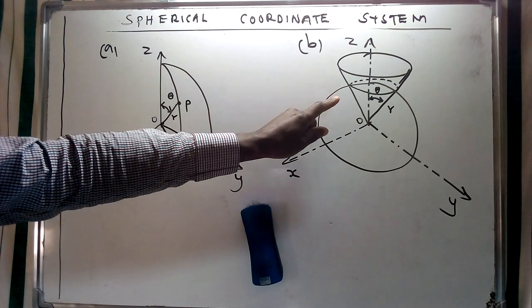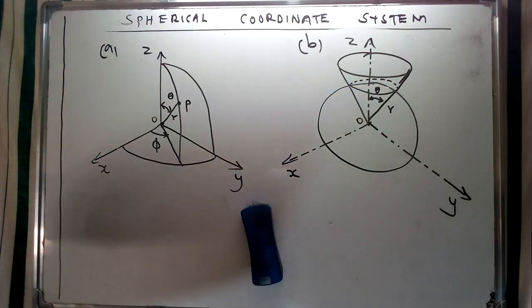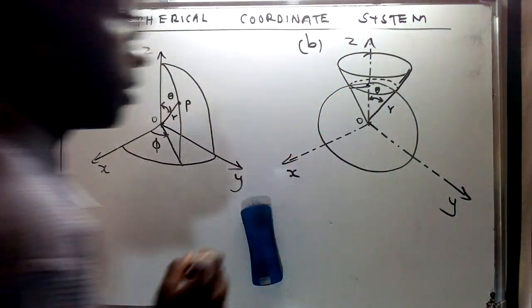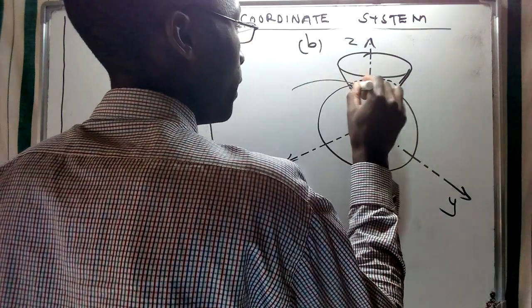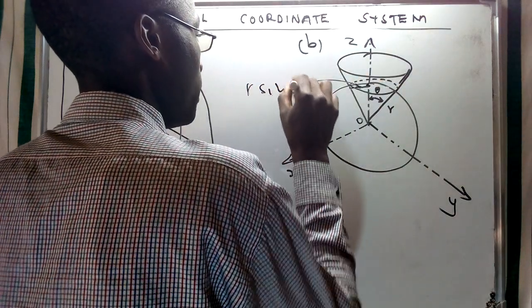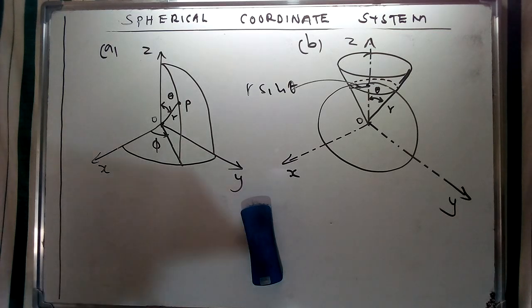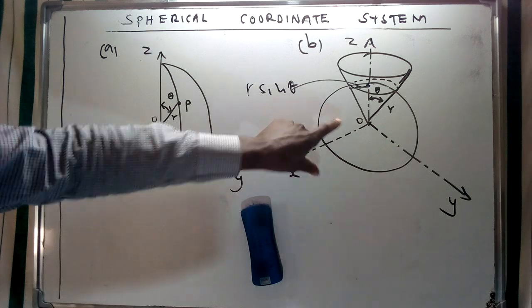So therefore, this aspect of theta is going to be a constant surface, and then we're going to define this specific radius at this particular point, which is going to be from a right angle, a right triangle, and therefore we are able to define that one as an aspect of r, which is r sine of theta, from basic trigonometry. So in this case, these are going to assist us to define this specific spherical coordinate system.